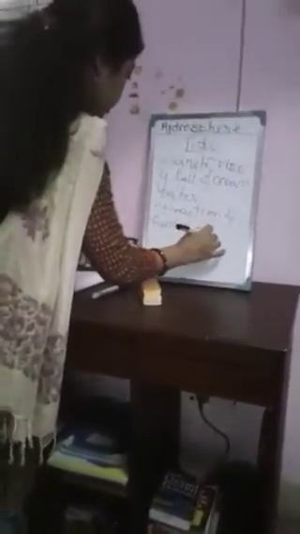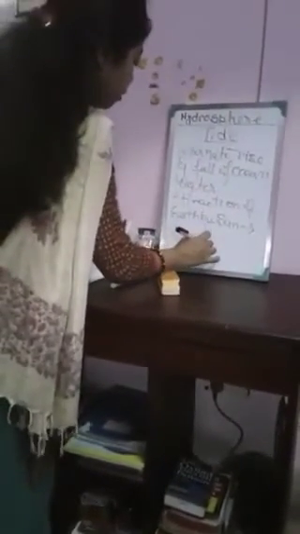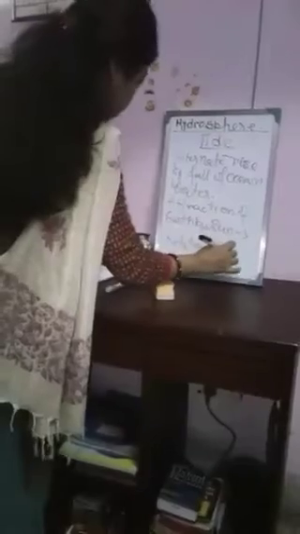Now, the causes of tide. Tides are caused by two main reasons. First is the attraction of earth by sun, and next, rotation of the earth.